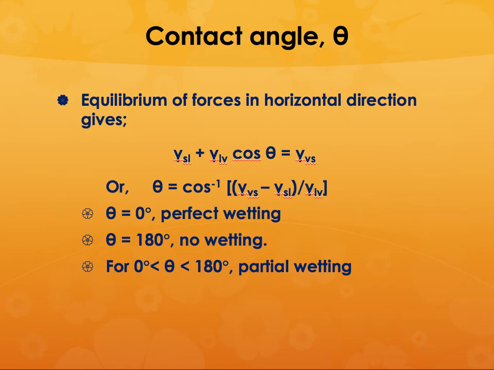Which means that if the matrix resin tends to ball up over the fibers, there is no wetting at all. And the reality is that the wetting angle is neither 0 nor 180 degrees. So there is an in-between, called partial wetting, and we get partial wetting in most of the resin systems.